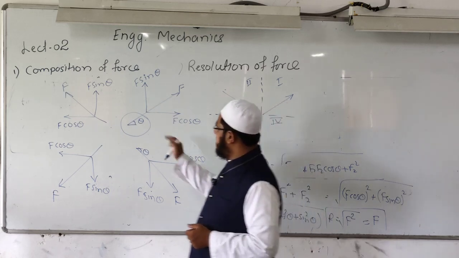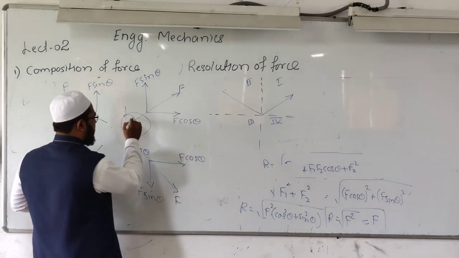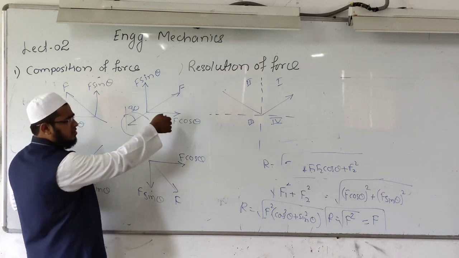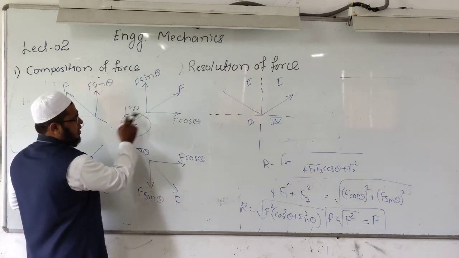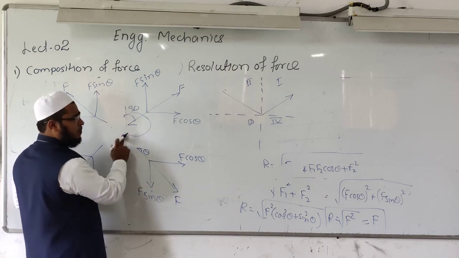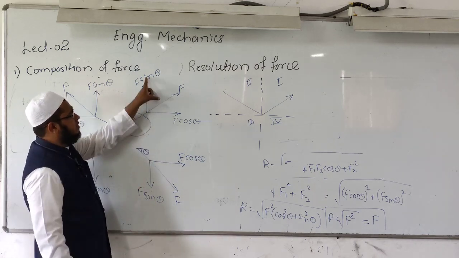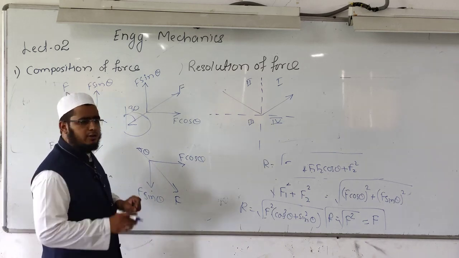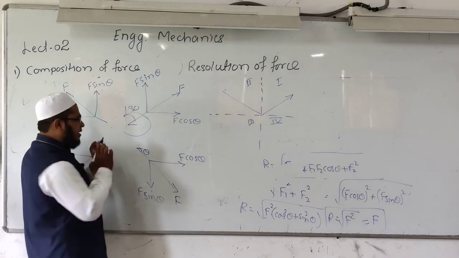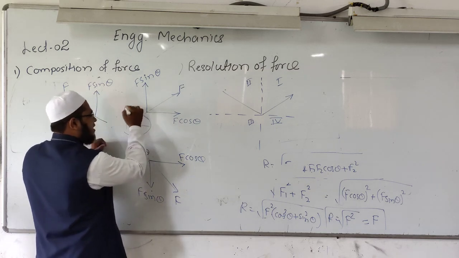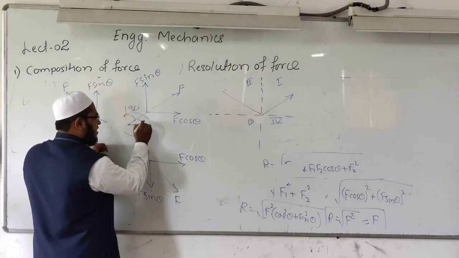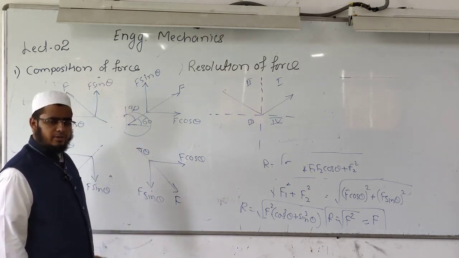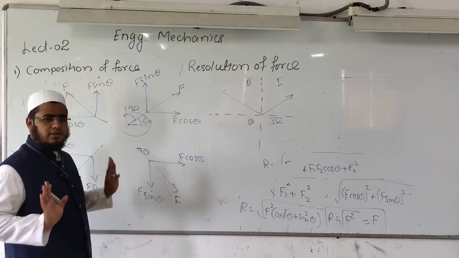Always remember, if the angle is given from the y-axis, say 30, you can reverse it, so it becomes F sin theta and F cos theta, but it creates confusion. That's why we use only the horizontal reference: if it is 30 from vertical, then from horizontal it is 60. It is very clear now how to resolve the forces.